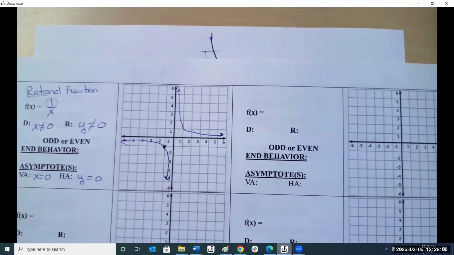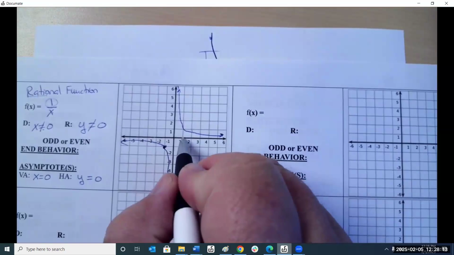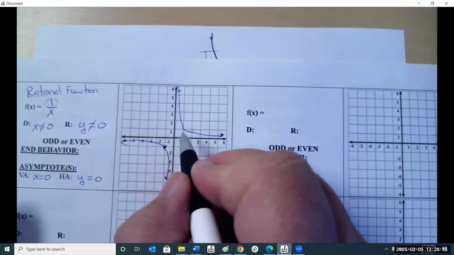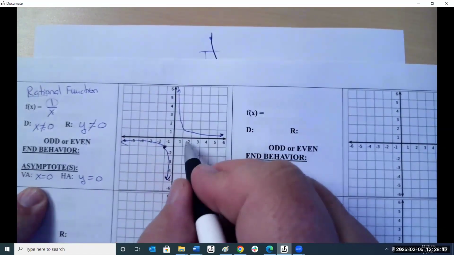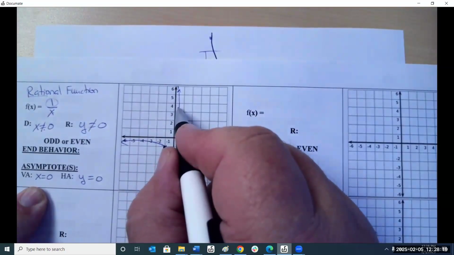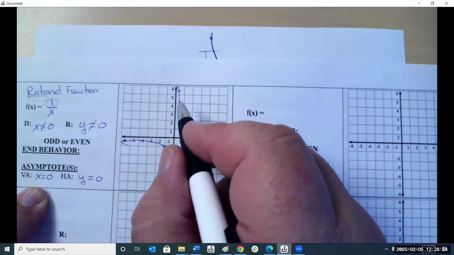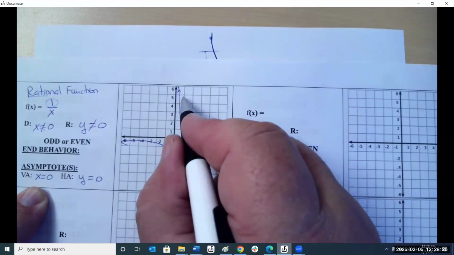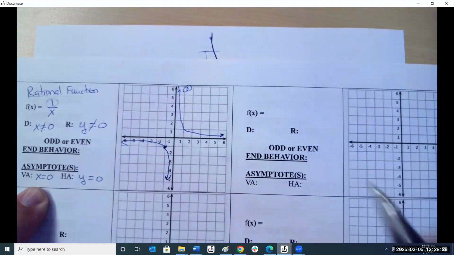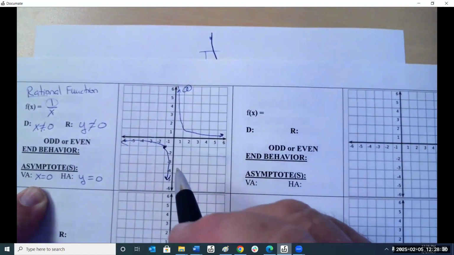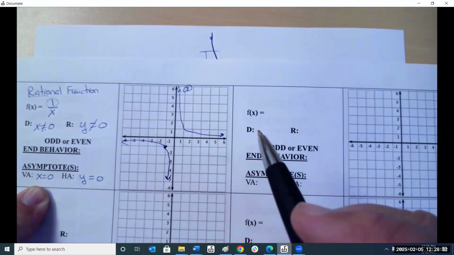Now how do we know these are asymptotes? Since x equals 0, as we get closer to 0 from the right-hand side, what happens to this number? Where does it go? To infinity.